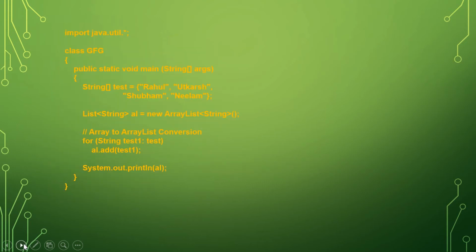Here we have a class called CFG, public static void main, and I have put in four names: Rahul, Utkarsh, Shubham, Neelam. This one is your array. Then I'll be converting it: List of String a1 equals new ArrayList of String, array to ArrayList conversion for the string array.